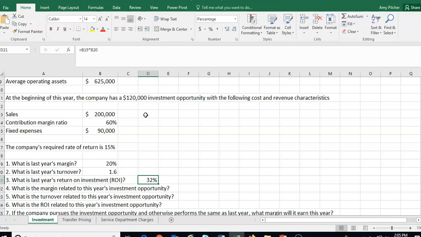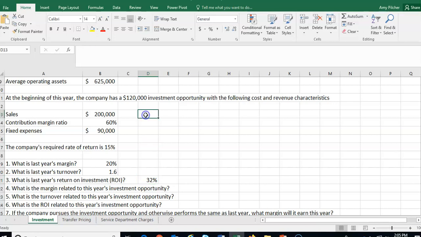In order to calculate that, we're going to use a contribution margin ratio analysis. So we have our contribution margin ratio. So if you remember, the difference between the contribution margin ratio and sales is that this is what is left after variable costs.